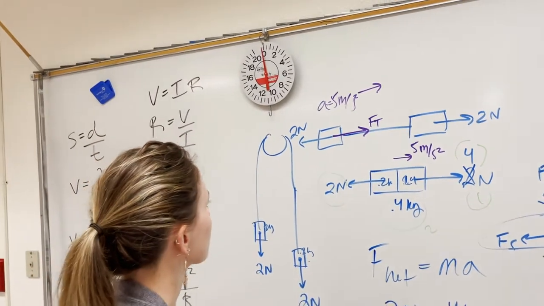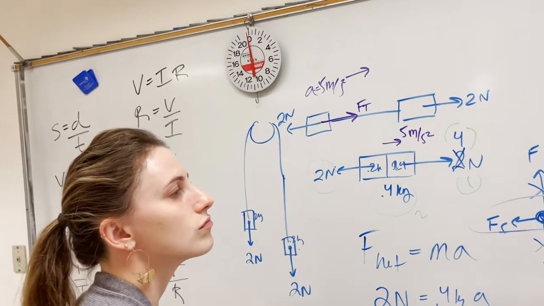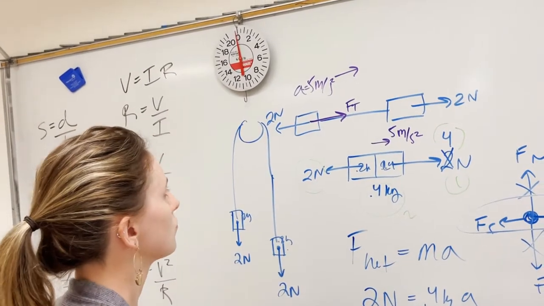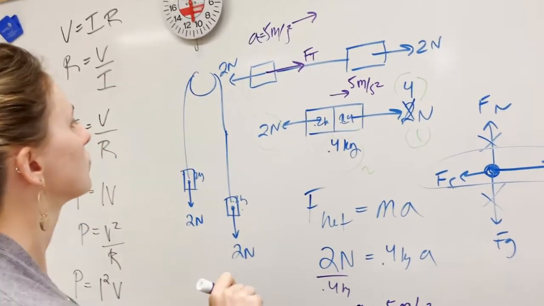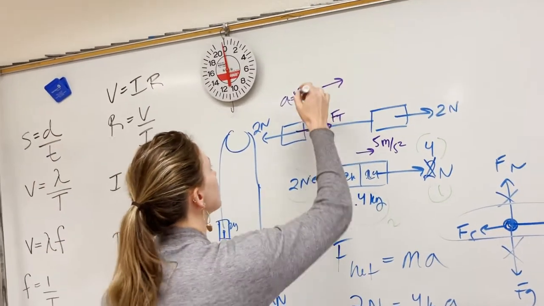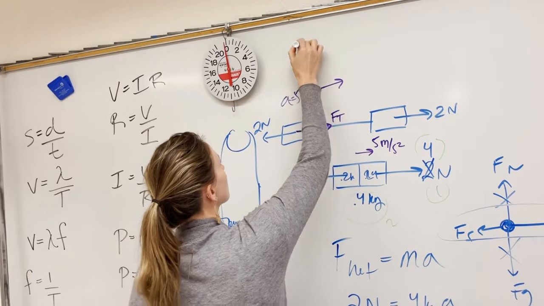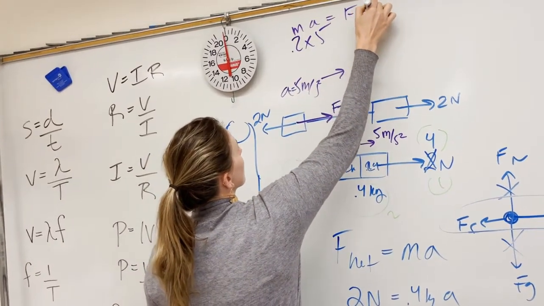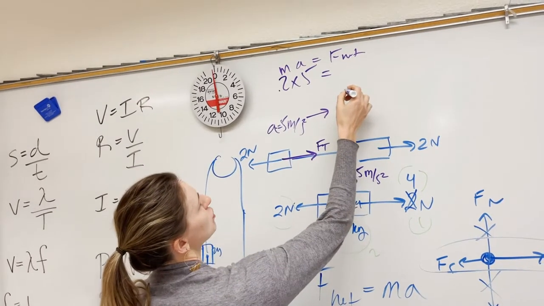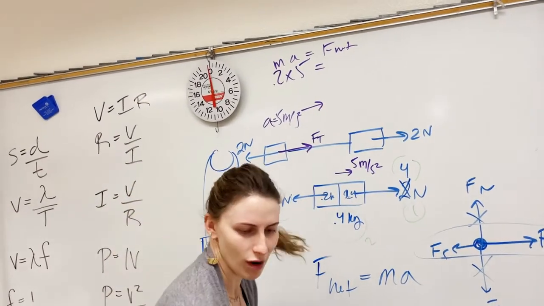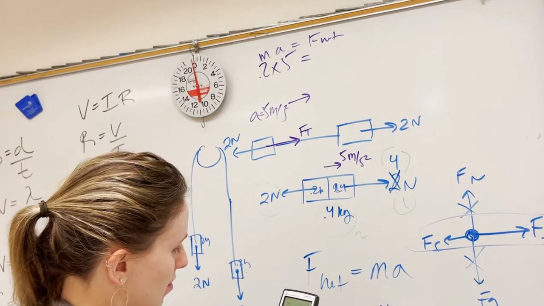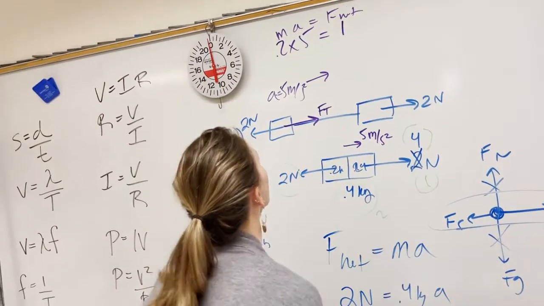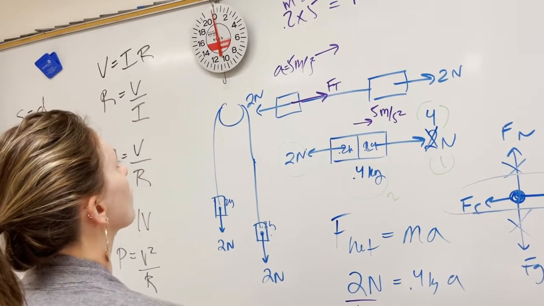So first of all, the net force is going to be the mass times the acceleration, 0.2 times 5 meters per second squared. 0.2 times 5 is going to be 1. So the net force is 1 newton to the right.